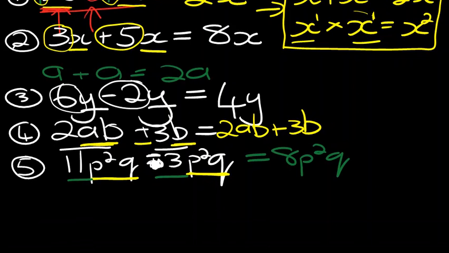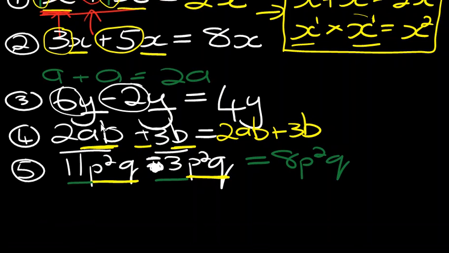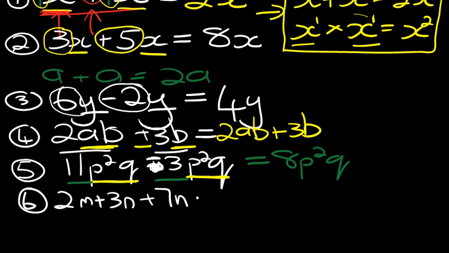Let's do another example, and this will be the last one, just to see how we can apply all the things we've learned thus far. Let's say you have 2m plus 3n, and then you have plus 7n minus 7m. What I would suggest you do, especially now when you're starting with algebraic expressions and algebra, is to put your like terms together.